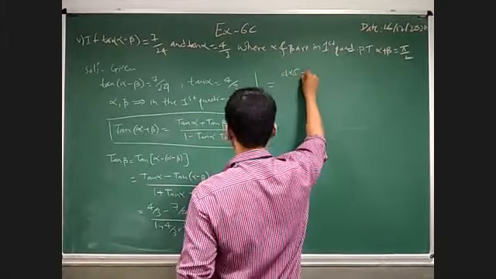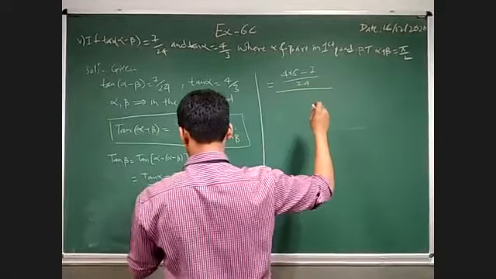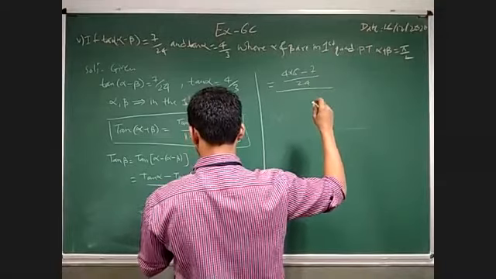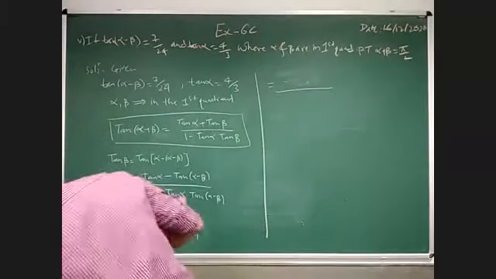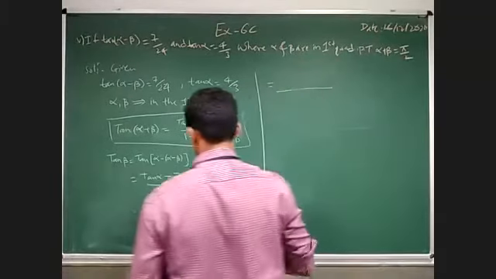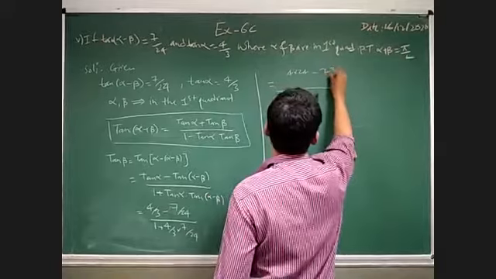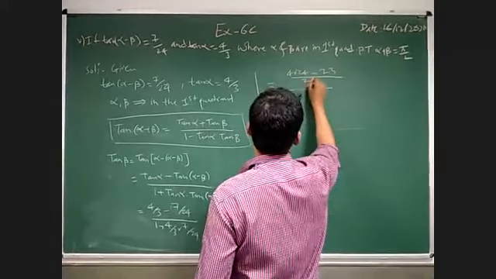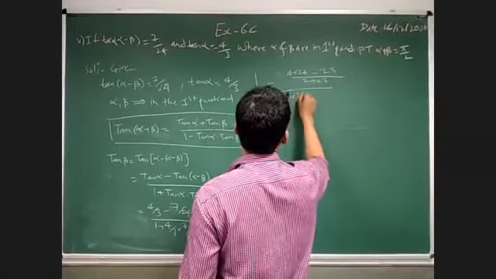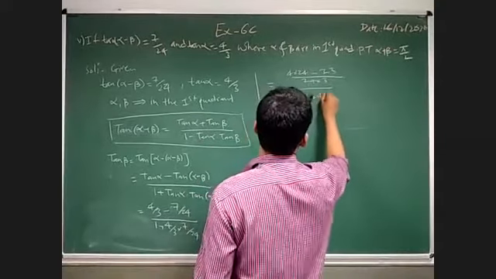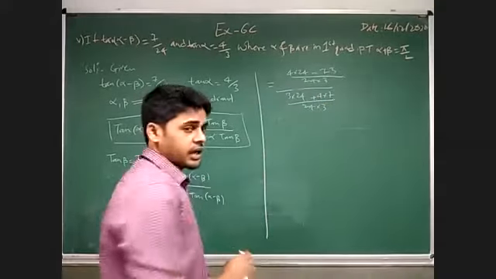You can do it like this: (4 into 24 minus 7 into 3) over (24 into 3), and here you will have (3 into 24 plus 4 into 7) over (24 into 3). I just took the LCM here.